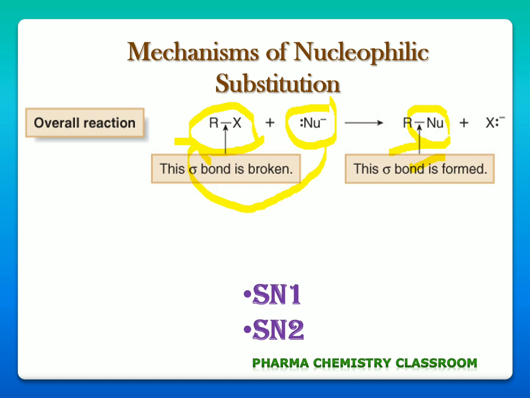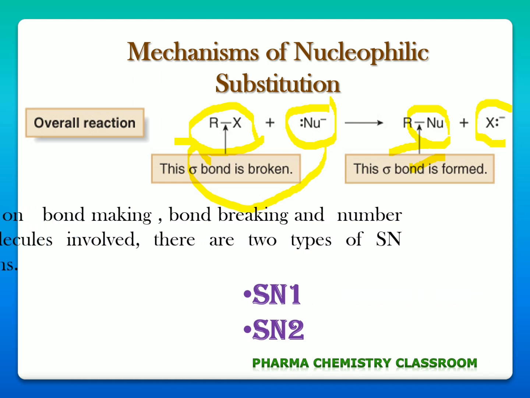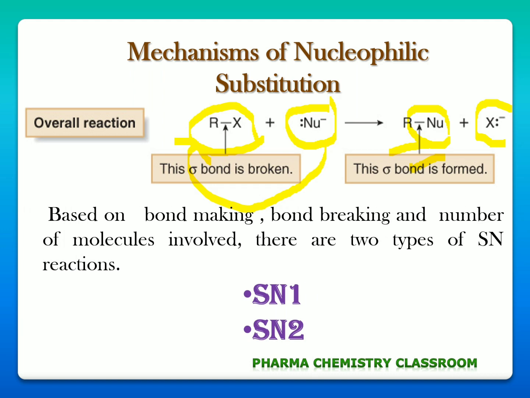So a substituted product, and here the leaving group. Based on the bond making and bond breaking and the number of molecules involved, there are two types of SN reaction. They are SN1 reaction and SN2 reaction.